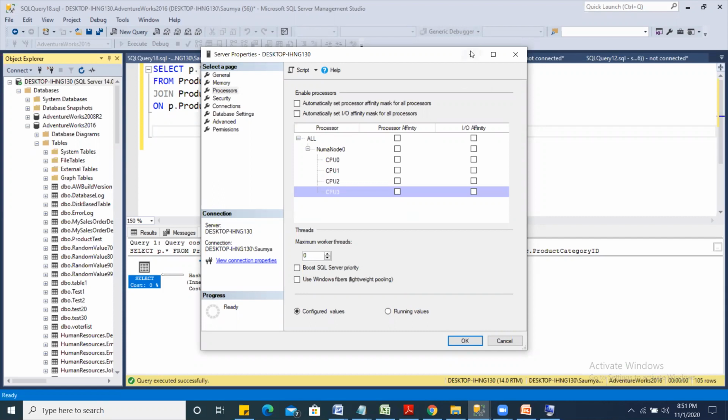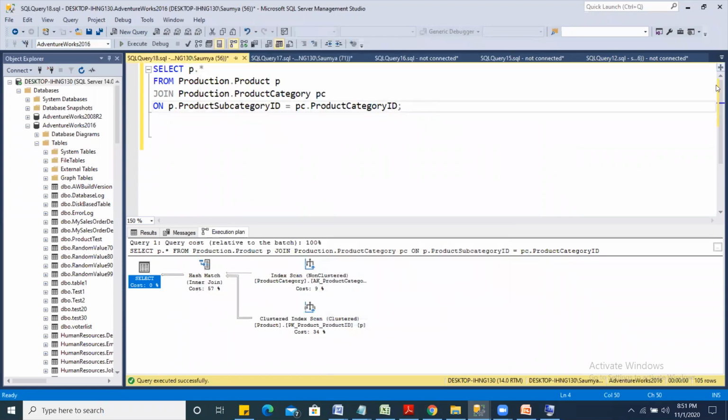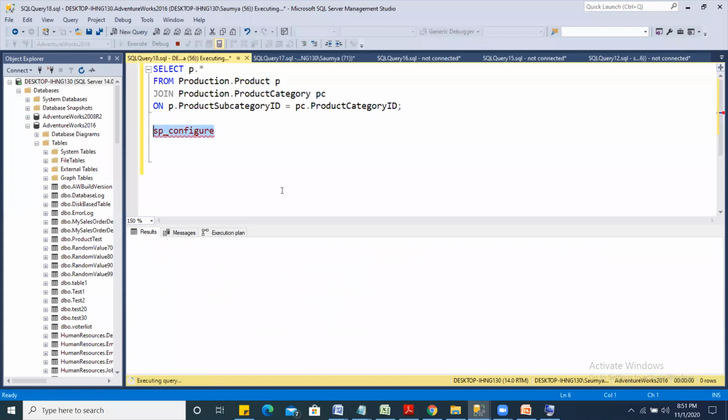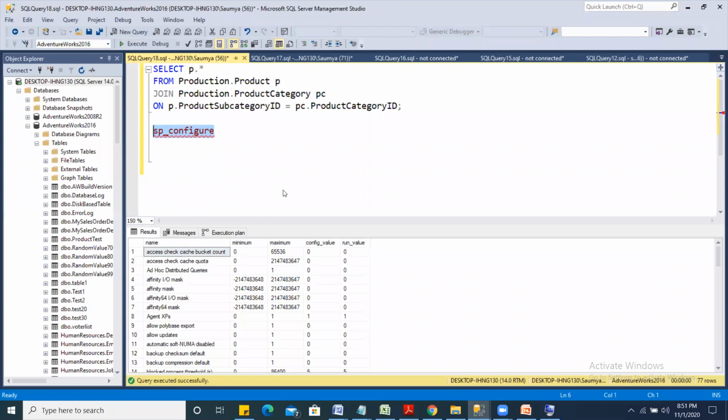This is the GUI way, and for the command way, first you have to check it through sp_configure. sp_configure lists all the server level parameter settings, and you have affinity IO mask, affinity mask, affinity64 IO mask, and affinity64 mask. The affinity mask parameter is applicable for up to 32 processors.